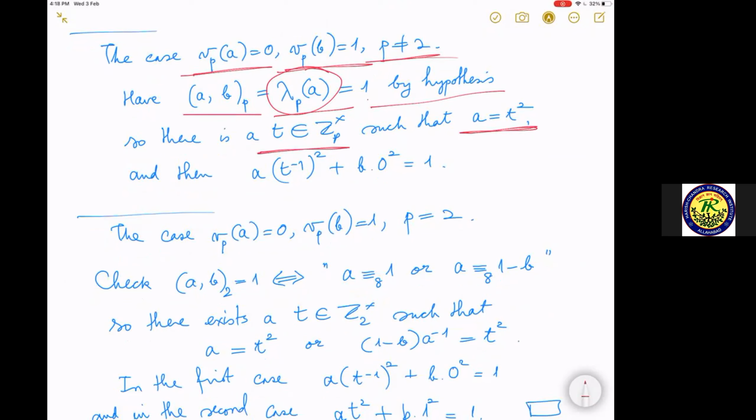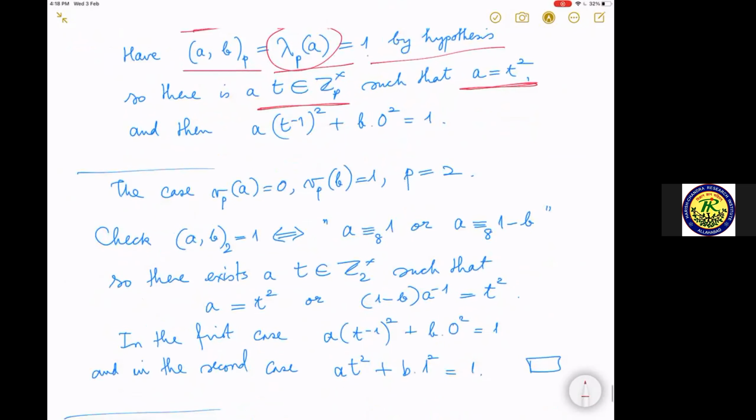There's a t in Z_p star such that A is t squared. And then you have this solution, A t inverse squared plus B times 0 squared equals 1. So this is your x and this is your y.